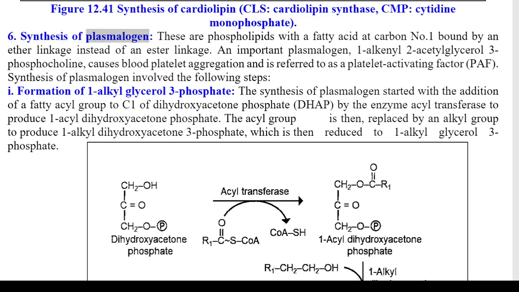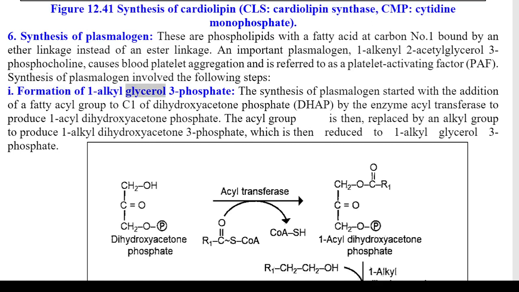6. Synthesis of plasmalogen. These are phospholipids with a fatty acid at carbon number 1 bound by an ether linkage instead of an ester linkage. An important plasmalogen, 1-alkenyl-2-acetylglycerol 3-phosphocholine, causes blood platelet aggregation and is referred to as a platelet activating factor, PAF. Synthesis of plasmalogen involves the following steps. 1.